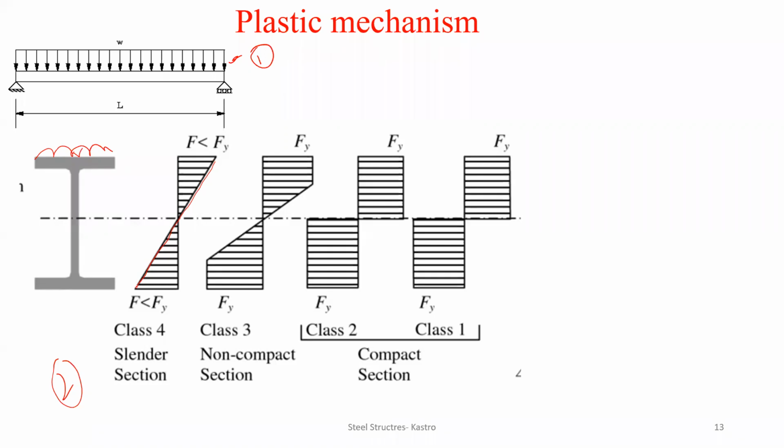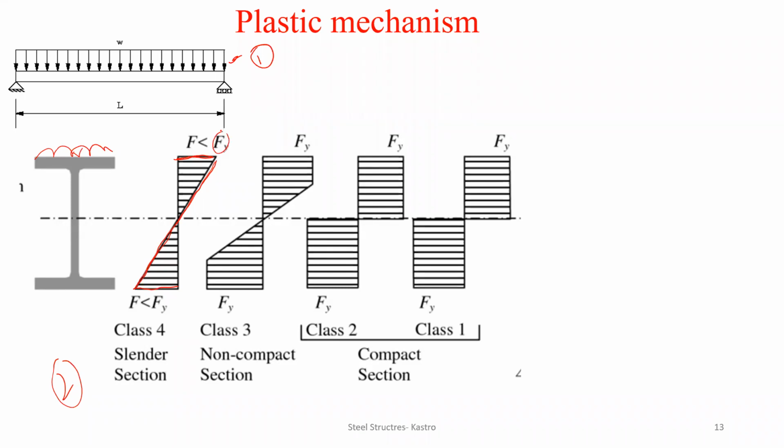Extreme fibers are these: this is the extreme fiber on the top, and this is the extreme fiber at the bottom. This happens till the extreme fiber is subjected to yield stress, which is called Fy.